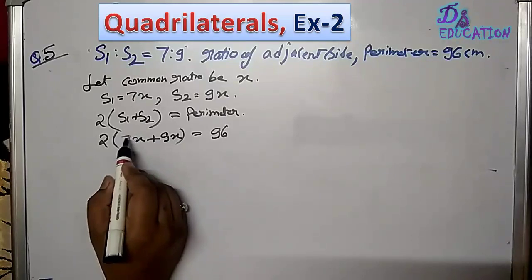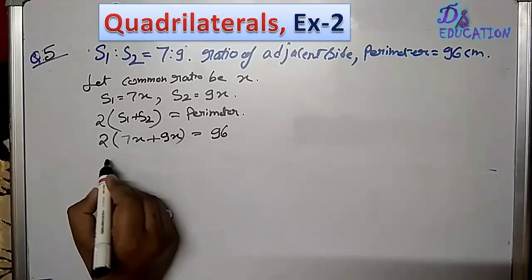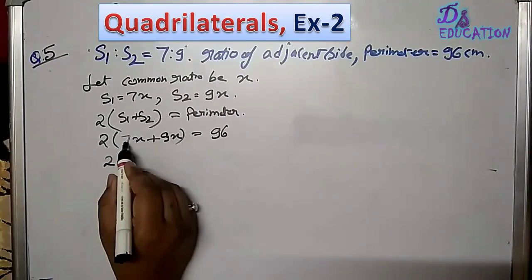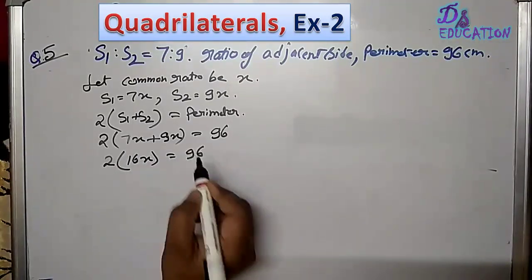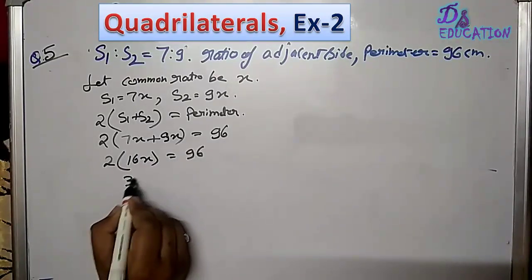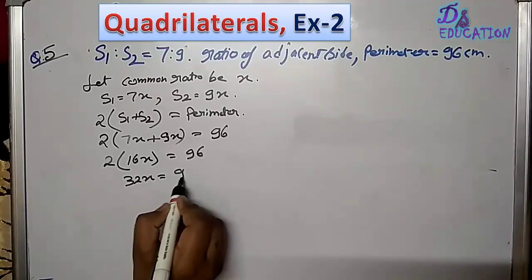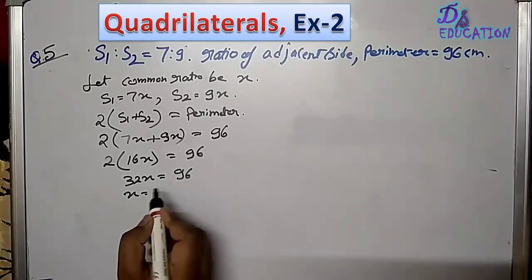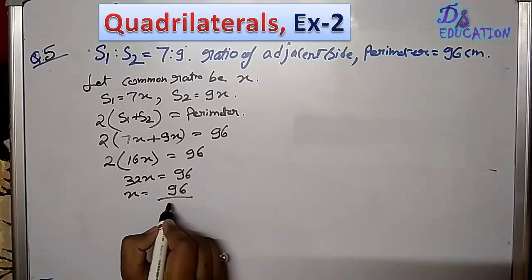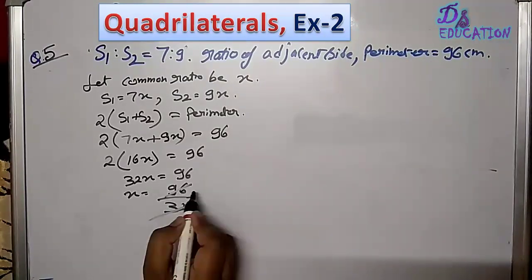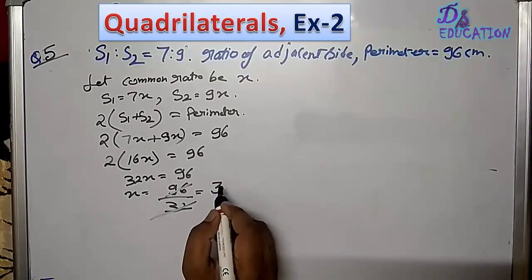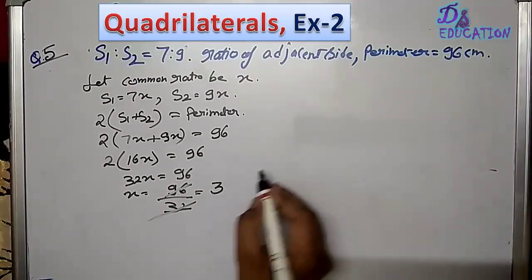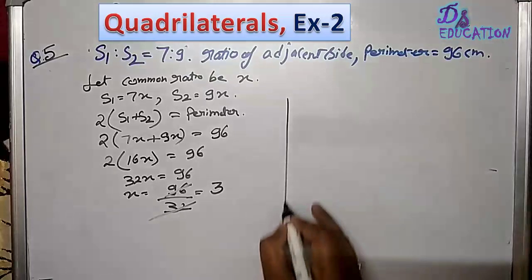So 2 bracket 9 plus 7, 16x is equal to 96. So 16 2s are 32, x is equal to 96. x is equal to 96 upon 32. How many times will it come? 3 times. Okay, so x is equal to 3.